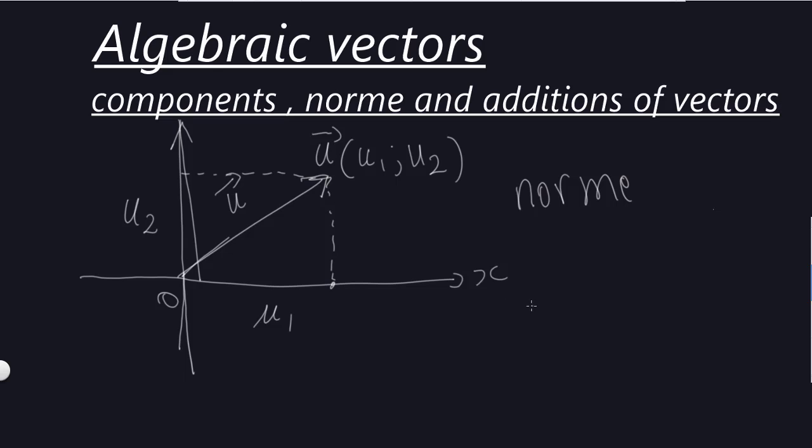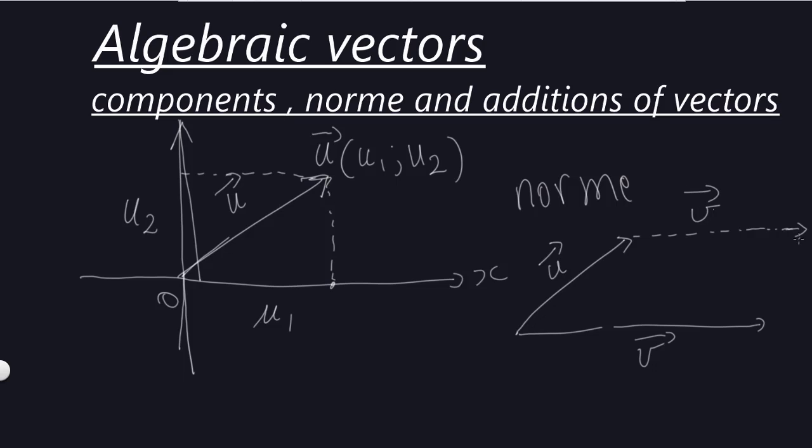So what we call the component of vectors, for example, I have a vector u, okay, I have a vector v. So the component of a vector will be, you take a parallel of vector v. Okay, this is a parallel of v. And this side we have a parallel of u. All right.